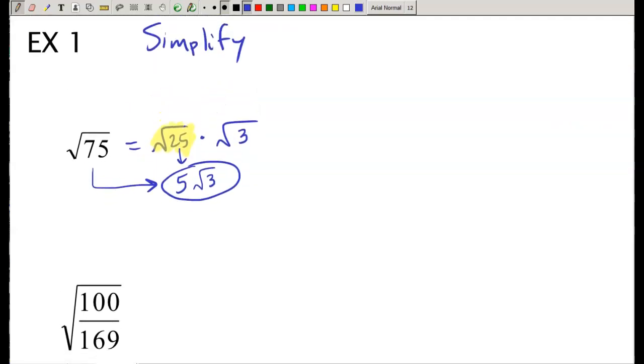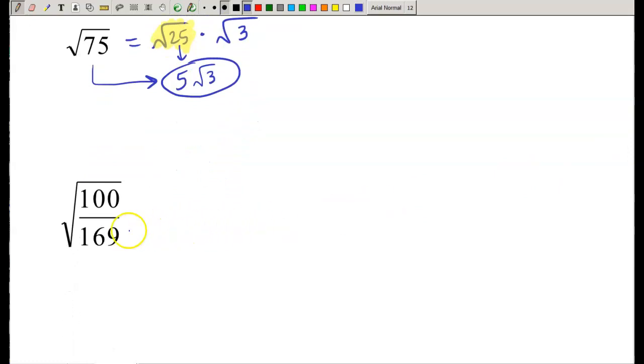All right, another example here, we have root 100 over 169. This one, we would want to break up and first use the quotient property to say square root of 100 divided by, separately, the square root of 169. Now, when we do that, it just so happens that these numbers are perfect squares already.